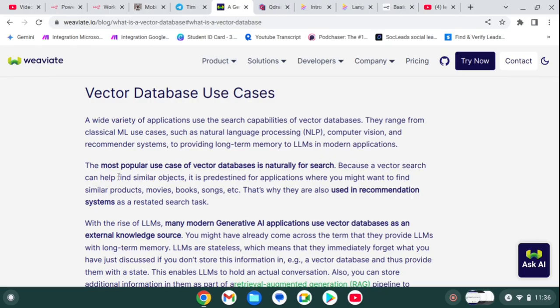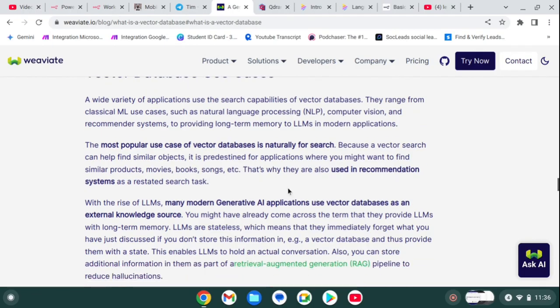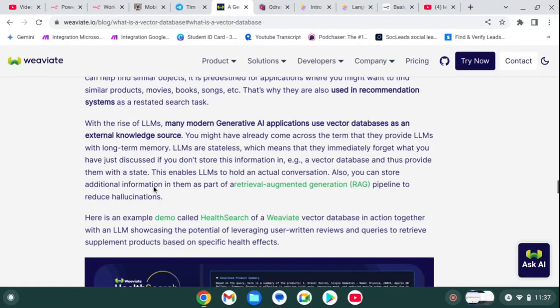The most popular use case of vector databases is naturally search. Vector search can help to find similar objects. It is precedented for applications where you might want to find a similar product, movie, song, etc. That is why they are also used in recommendation systems as a restarted search tags.